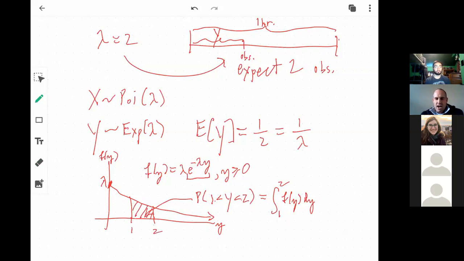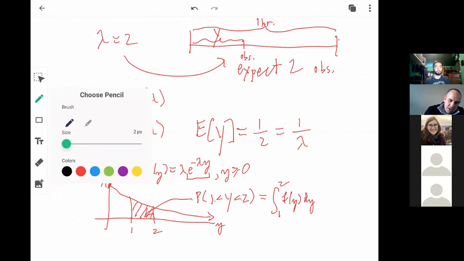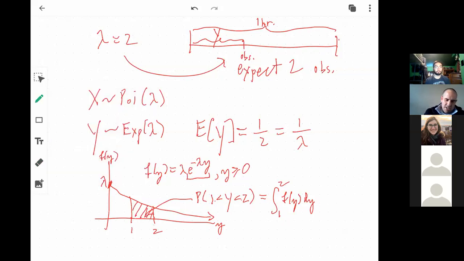How would that compare, Madeline, with say, another interval of length 1? Maybe I go down here and I go to like 1/2, right? From 0.5 to like 1.5 or something.